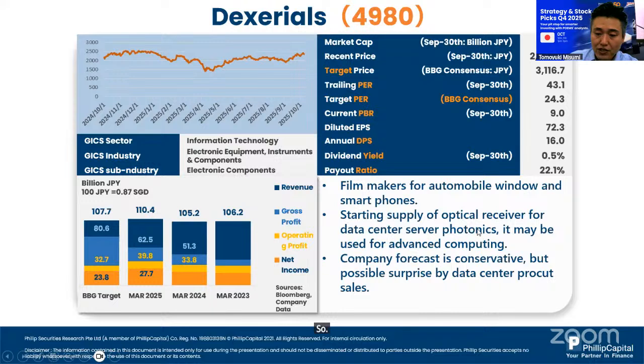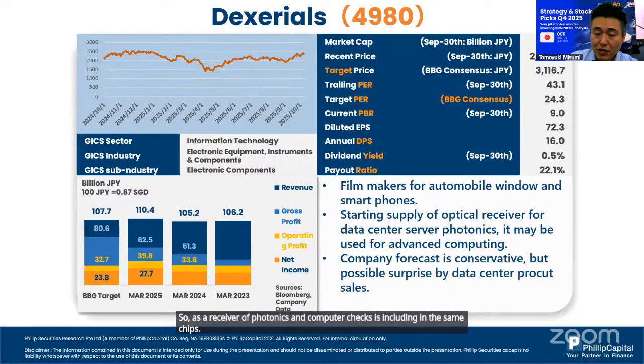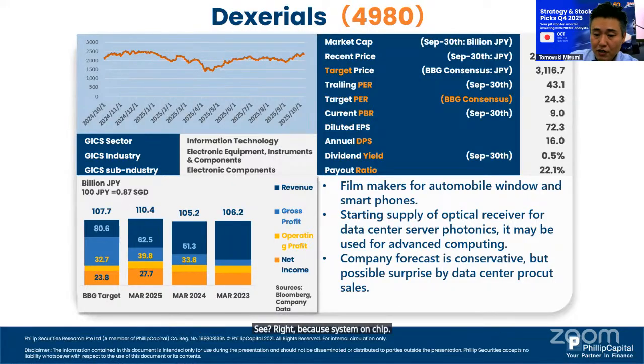Some receiver photonics and computer chips are included in the same chip, like a system on chip. This is one of the trends followed by NVIDIA and also by Broadcom. So silicon photonics is one of the hot topics for data center computing.